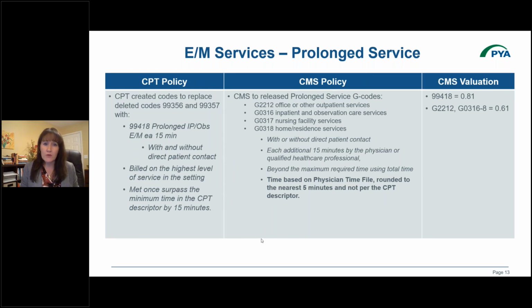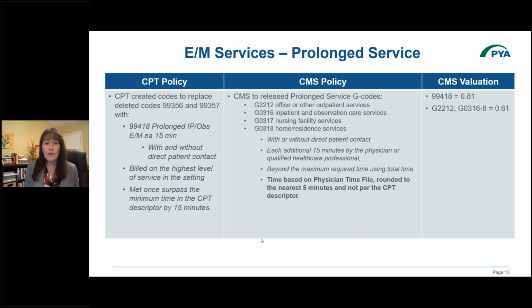We now have the prolonged service codes published, the 99418 for CPT for the inpatient observation, and basically all of the other codes. You can use the 99418 for the prolonged service time, but the way you determine the prolonged service is different from CPT to CMS.